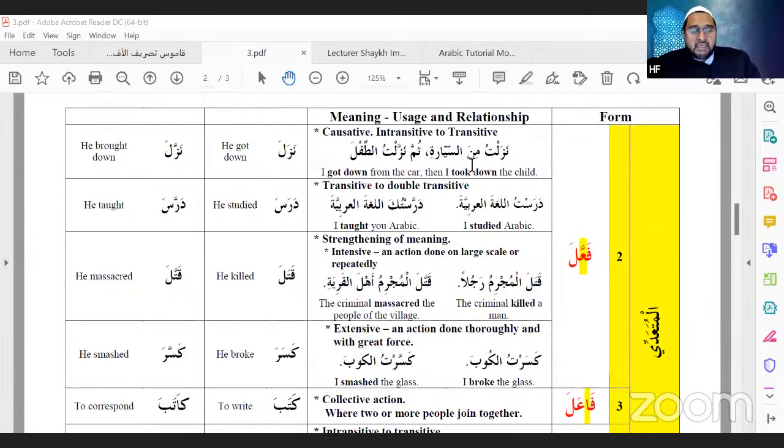Nazaltu min as-sayyarati. Nazaltu is I, and nazaltu is the verb as well. So it's an intransitive verb. There's no object in this part of the sentence.